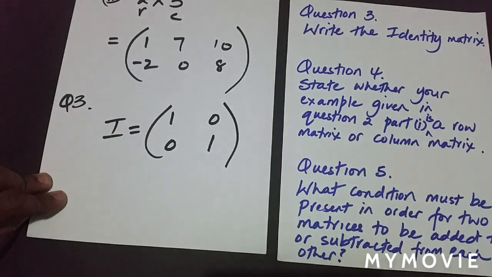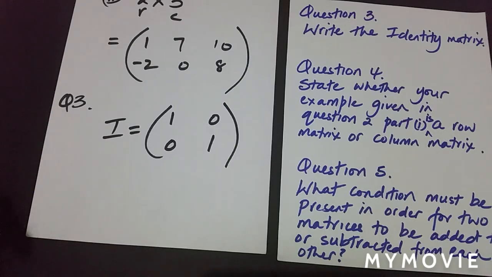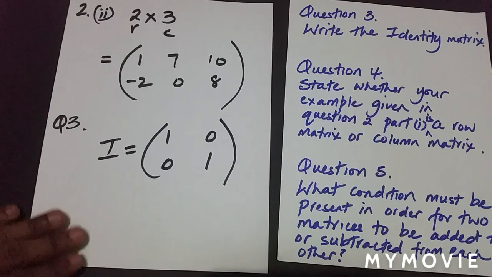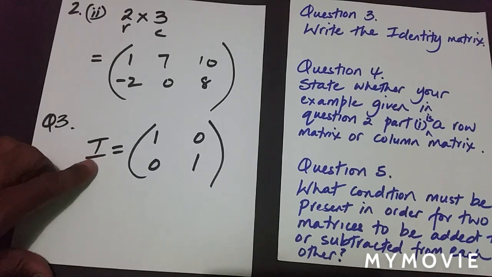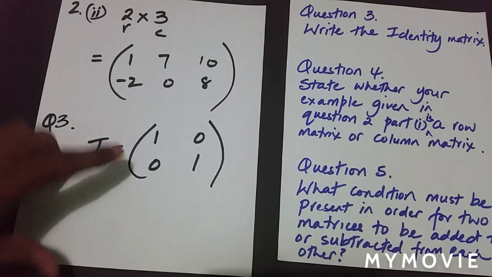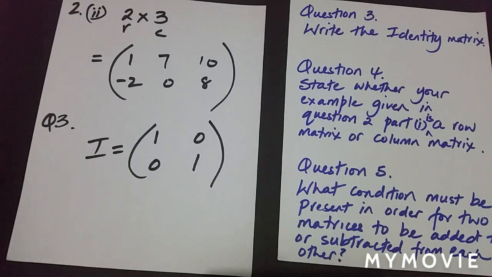And some of these questions we're testing to make sure that you're taking down correct notes and so on, that you're honoring your end of the bargain by ensuring that you keep notes. So the special letter for the identity matrix is I, and the elements will be 1, 0, 0, 1. And they must be in that specific arrangement. So that would have been the answer to question 3.